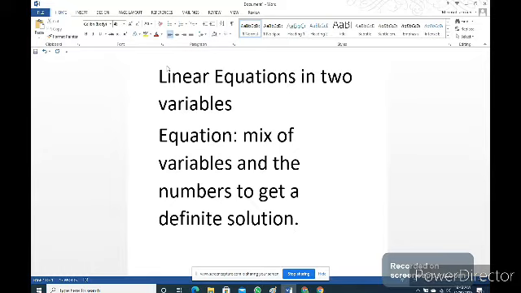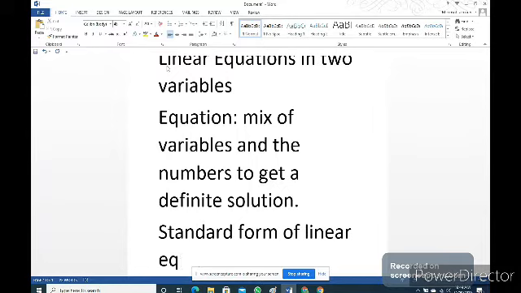A variable is represented by any letter. We can make any letter a variable in maths. Suppose we know the standard form of a linear equation in one variable. The standard form of a linear equation in one variable is ax plus b is equal to c.